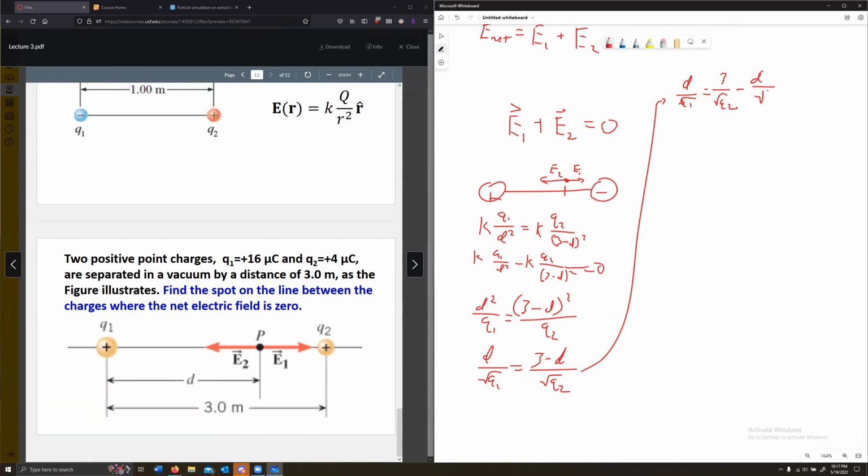D over square root of Q2. Okay. I see. So then this is D over Q1 plus D over Q2.